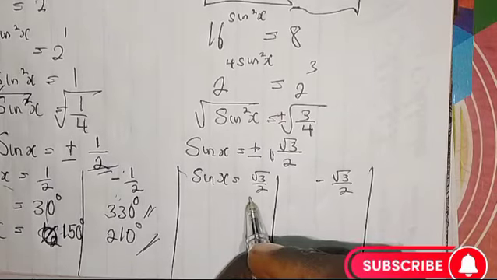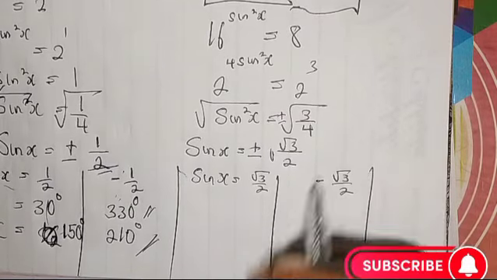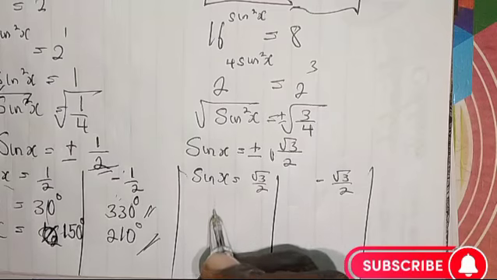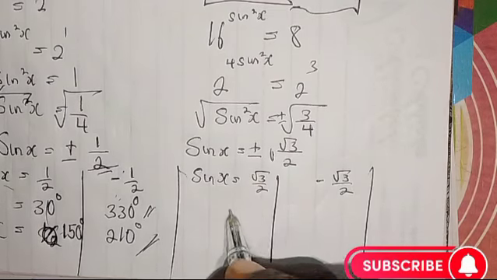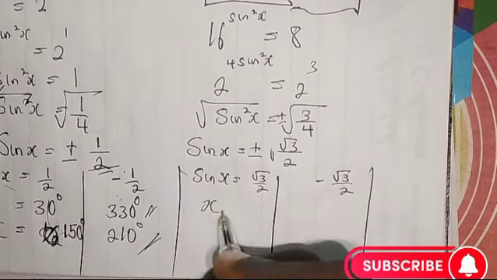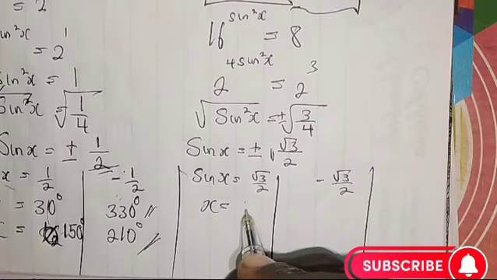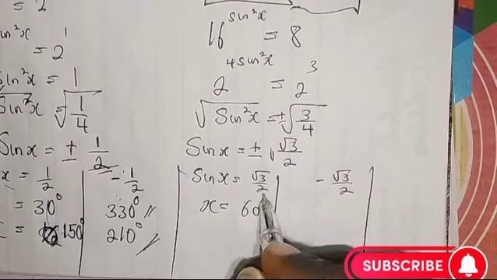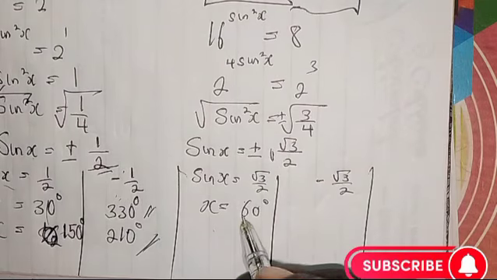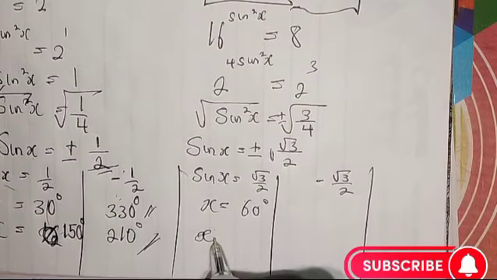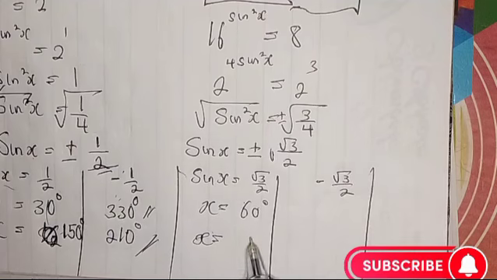So when it is positive, well, don't forget sine 60 degrees is root 3 over 2, right? So we have x to be 60 degree here, and don't forget sine is also positive in the second quadrant. So at that point when you subtract 60 from 180, you have 120 degree.